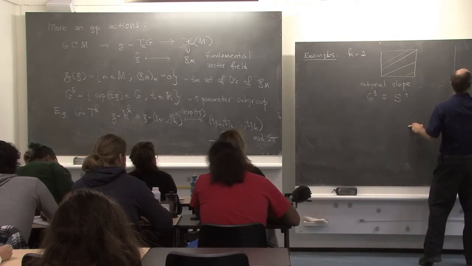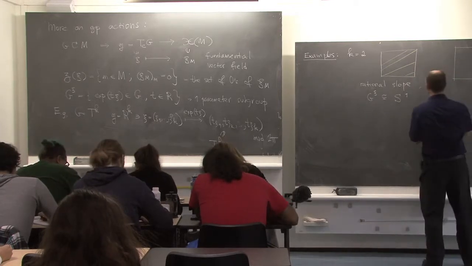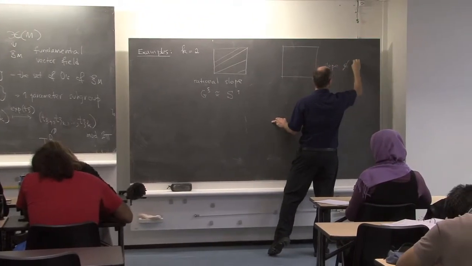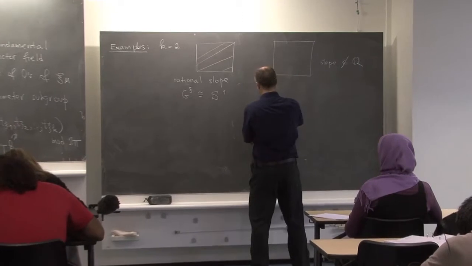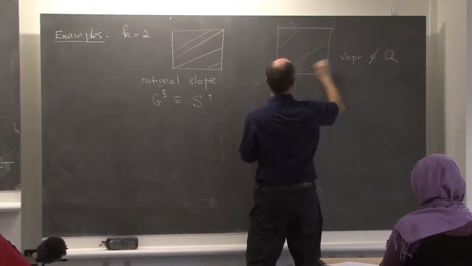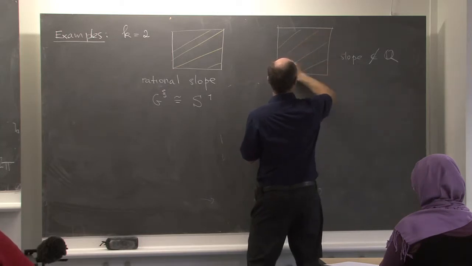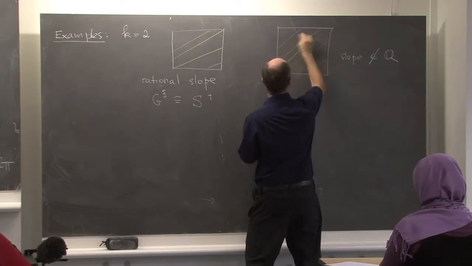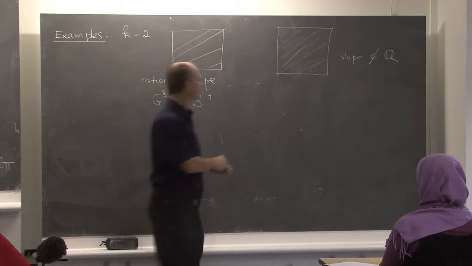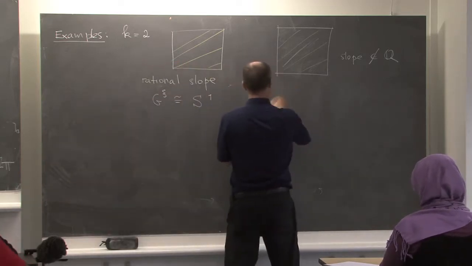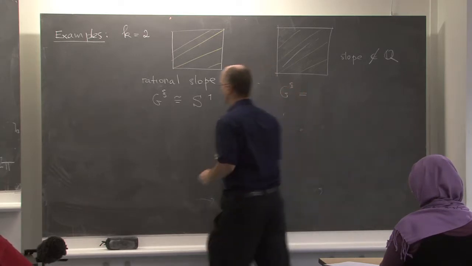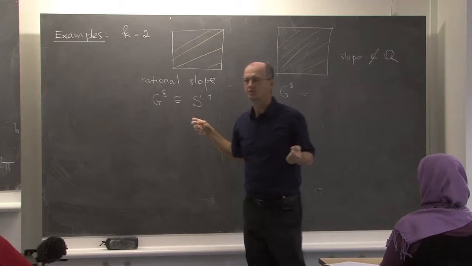And of course, it may happen that the slope is irrational. And then, here I'm not sure I can draw an adequate picture, but we know that eventually it will be a dense subgroup. So what will it be as a subgroup?